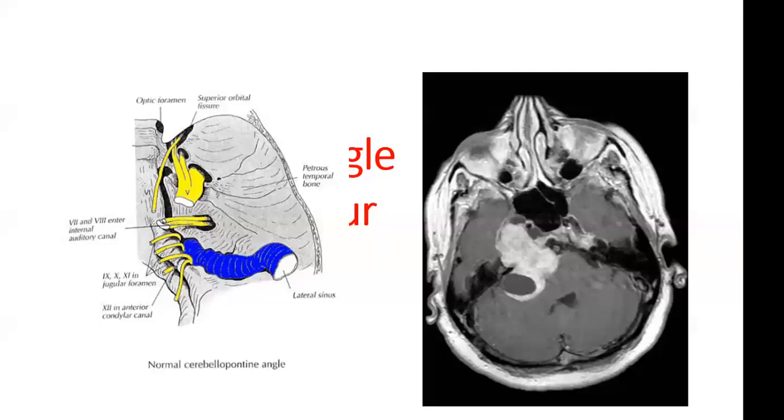In fact, the earliest sign is loss of corneal reflex, which is a trigeminal nerve innervated reflex. At least the afferents are from the trigeminal nerve. The corneal reflex is the first thing to go actually. So CP angle: 5, 7, 8.